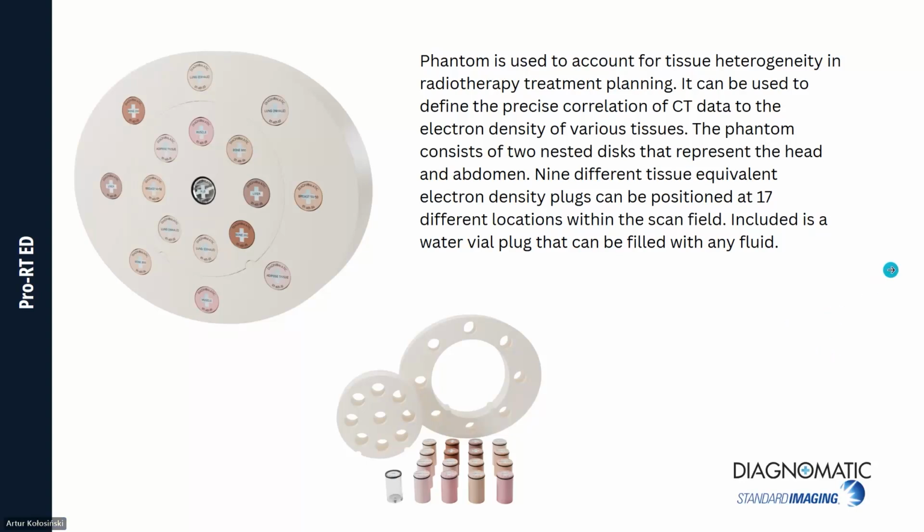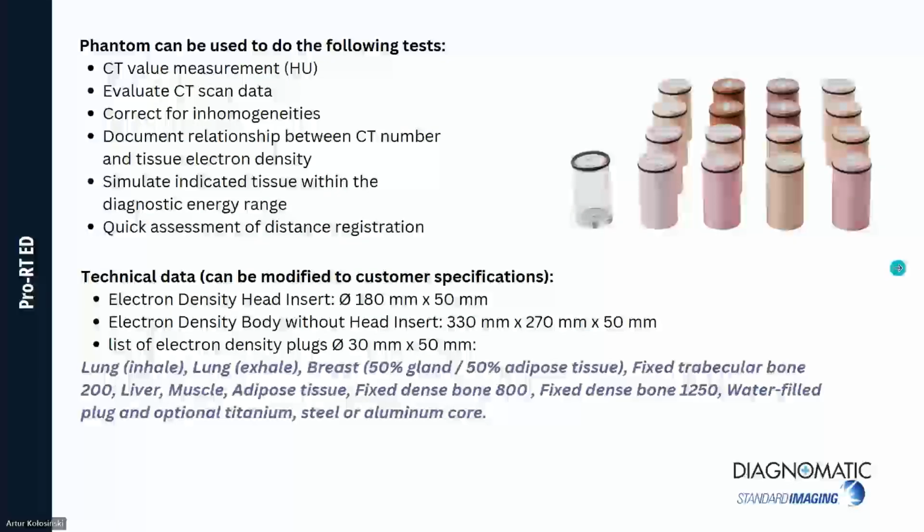It's a pretty potent phantom, and you use it on a daily basis, because it's needed for treatment planning, to measure the Hounsfield unit, the CT value, and evaluate the CT scan data, which is needed for the corrections for inhomogeneities in the treatment planning.